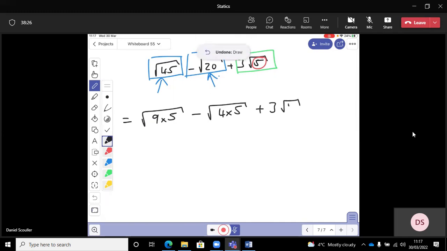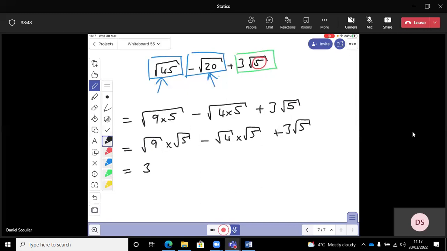We can't break root 5 down any further. We can't simplify that any further. Okay. That means root 9 times root 5, root 4 times root 5, 3 root 5. Again, nothing happens to that.